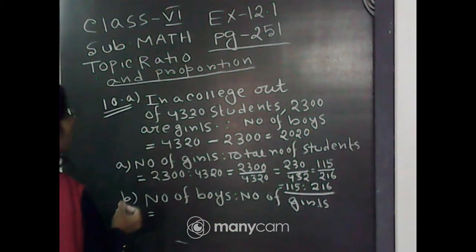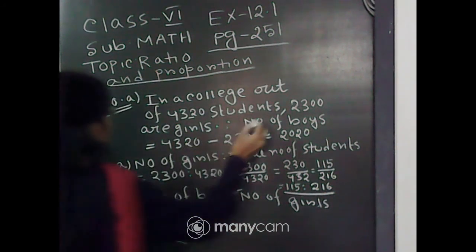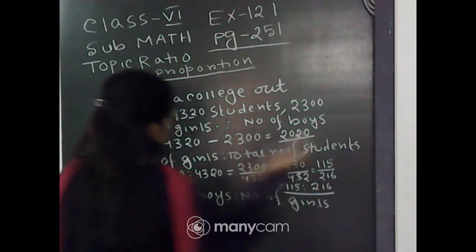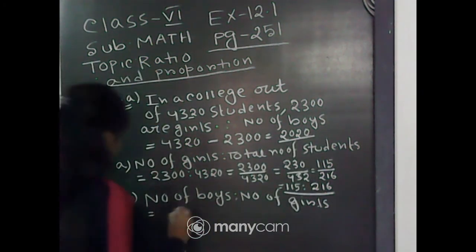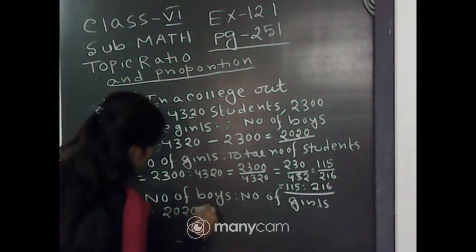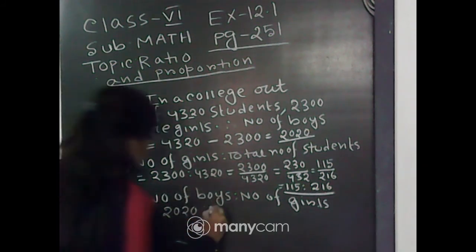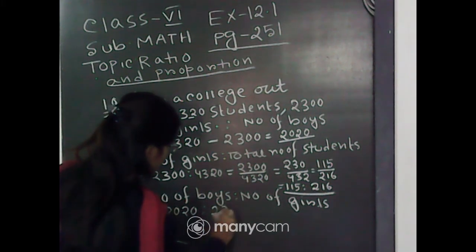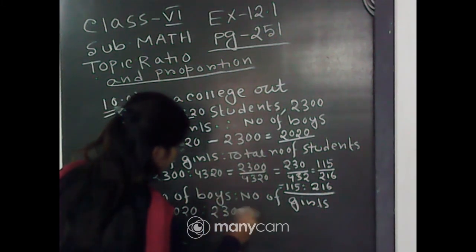Here the number of boys is 2020, and number of girls is 2300.